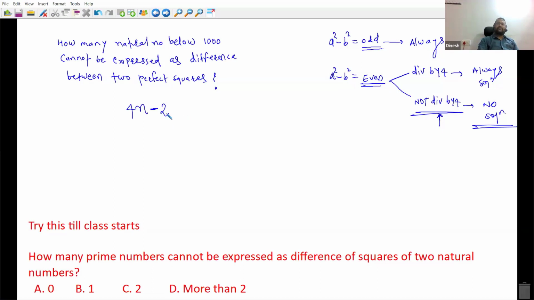Every number which is in this format is our answer. This number should be less than 1000, everyone. The value of 4n should be less than 1002. N should be less than 250, everyone. N should be less than 250.5 now.